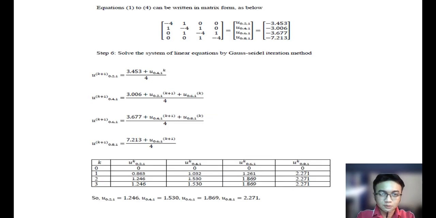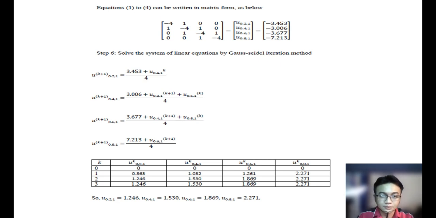From equation number 1 to 4, it can be written in matrix form as below. It is solved as a system of linear equations by the Gauss-Seidel iteration method.